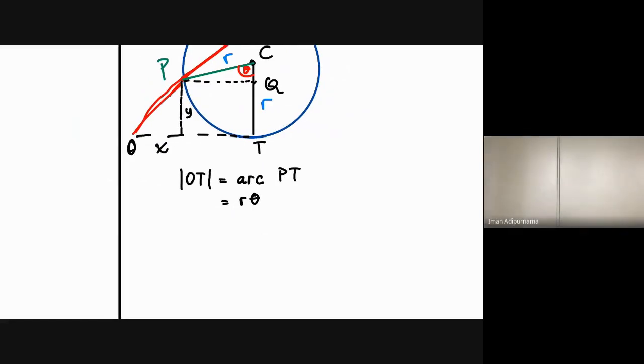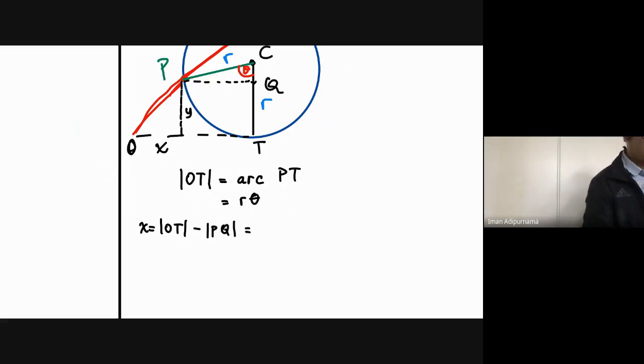And then we have distance x here. x is OT minus PQ. Let me write that. So I will have r theta minus PQ, which is r sine theta.